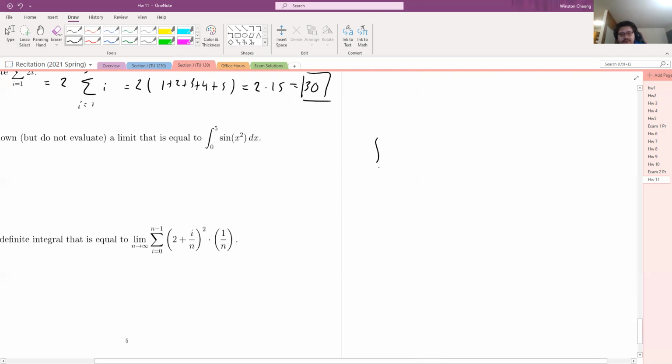Say that we have an integral from a to b, f of x dx. Pictorially, that looks like this, from a to b, and you would subdivide and have these rectangles.